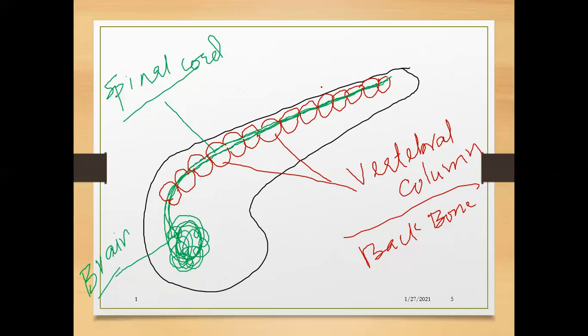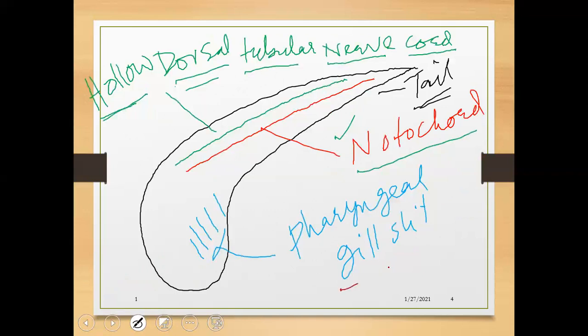Another thing we have discussed here is the pharyngeal gill slits. Pharyngeal gill slits are an out-pocketing of the pharynx. Pharynx means buccal cavity.